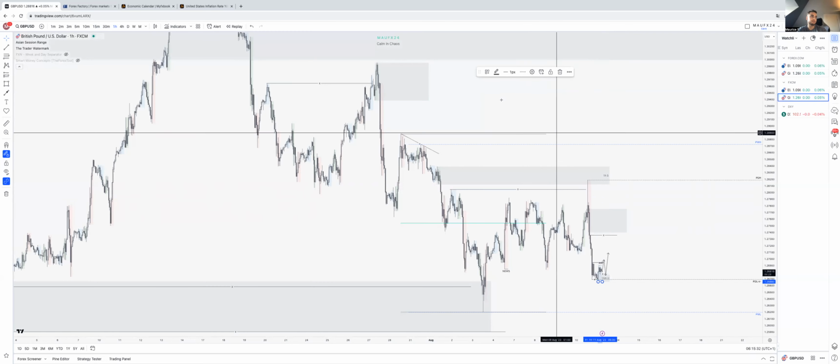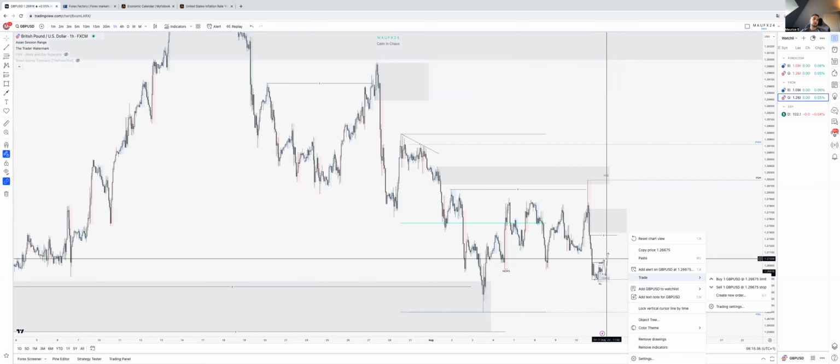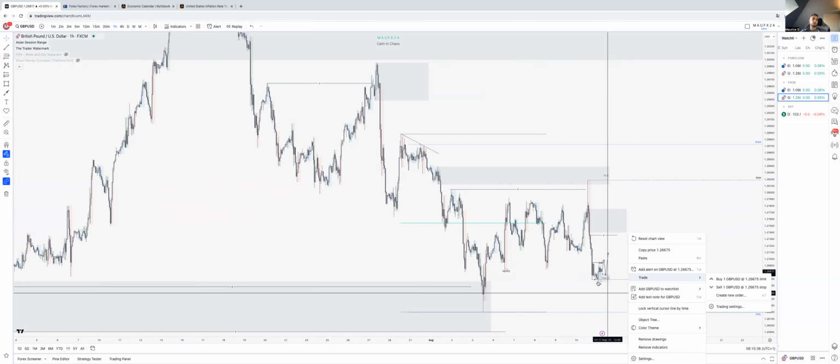So either break above and get longs from here, or break below and get longs.